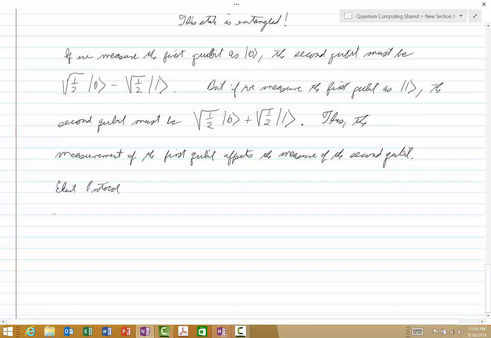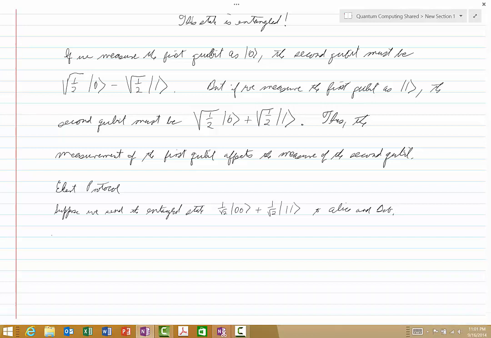suppose we send the entangled state 1 over square root of 2 (0, 0) plus 1 over square root of 2 (1, 1) to Alice and Bob. But let me be a little more specific.